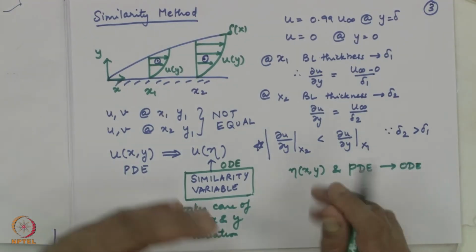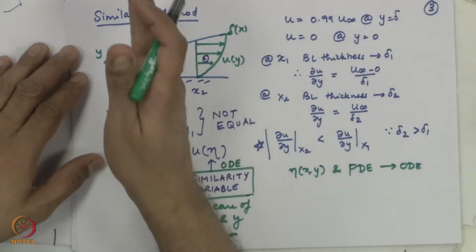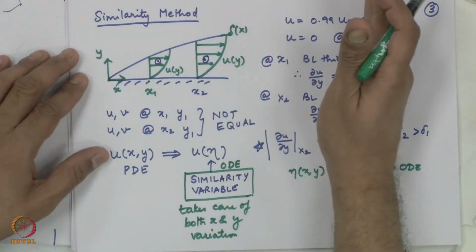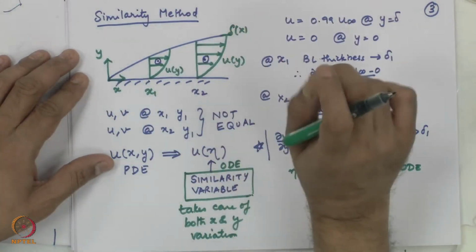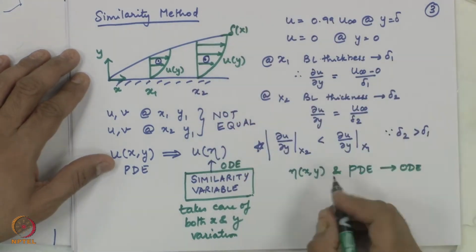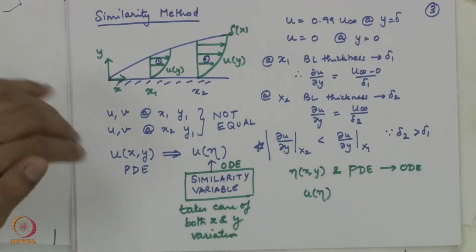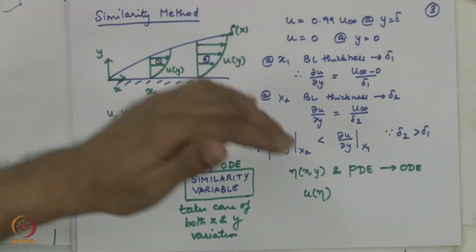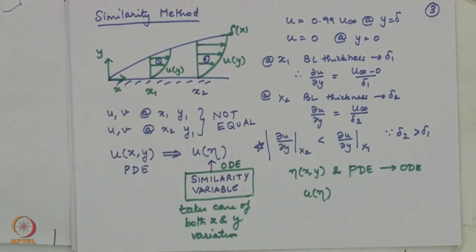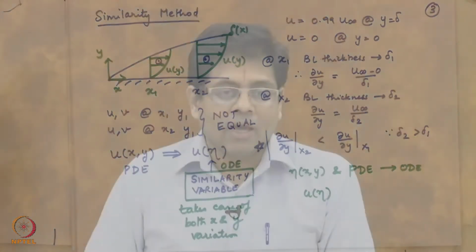What it means is that all the profiles that you have at x1, x2, x3, x4, x5, all the profiles can be collapsed to a single profile as u of eta, which would say that when eta is so much, it could be because of the change in y or because of the change in x, doesn't matter. If you pick an eta, that eta would take care of a family of locations, family of coordinates, which correspond to the same eta, and these profiles can be collapsed into a single profile.